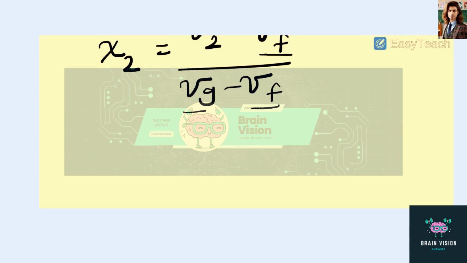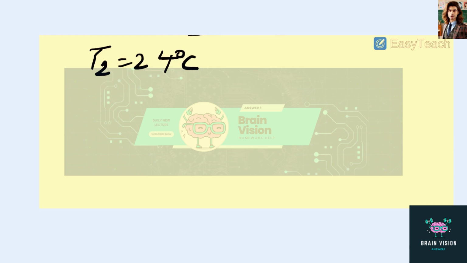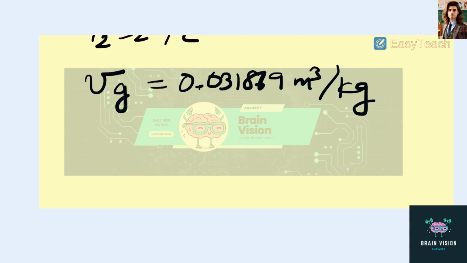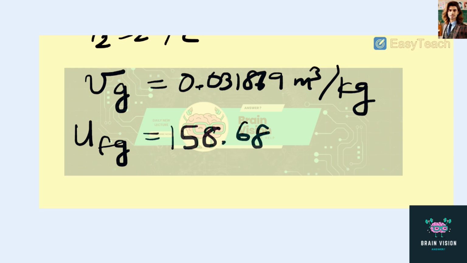At T2 equal to 24 degrees C, remember isothermal, Vg is 0.031869 meters cubed per kilogram, and UFG is 158.68 kilojoules per kilogram.